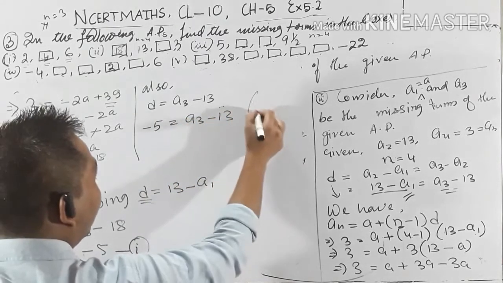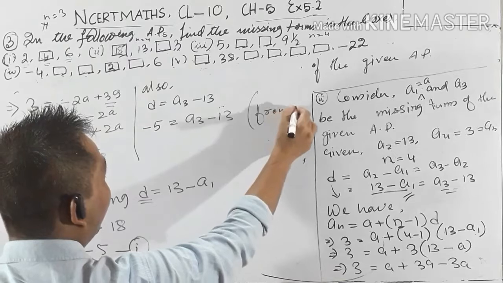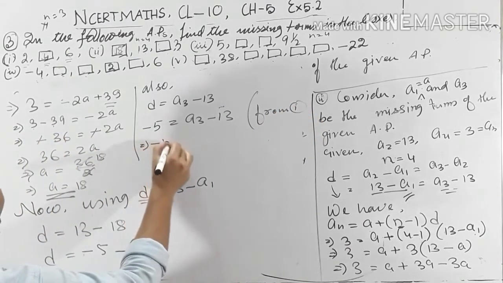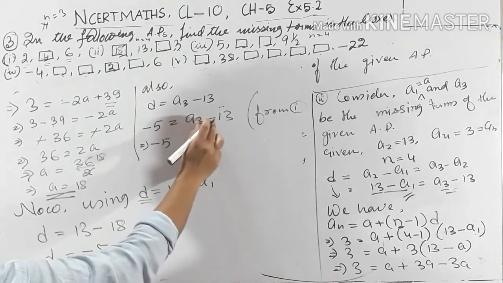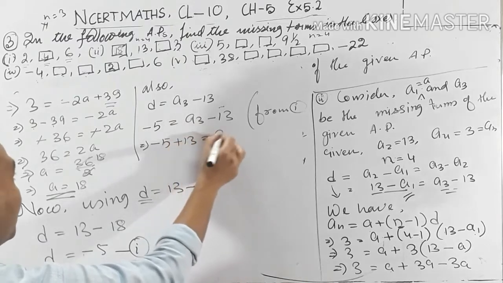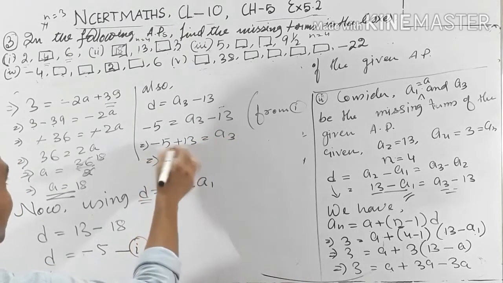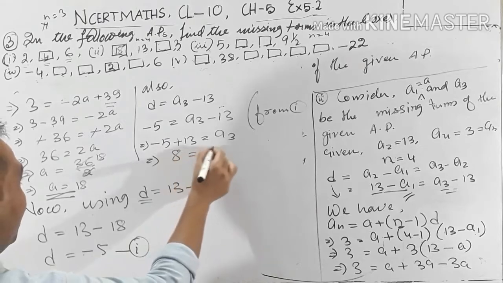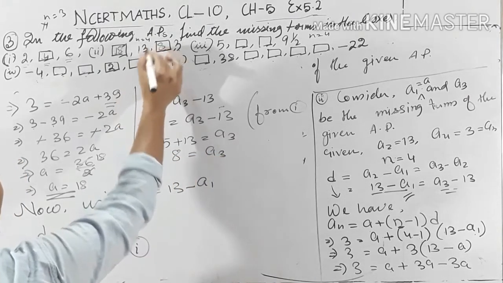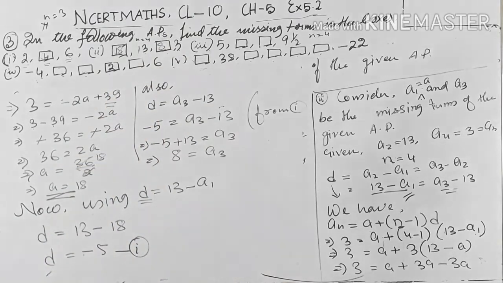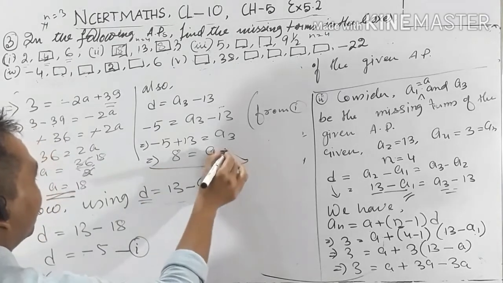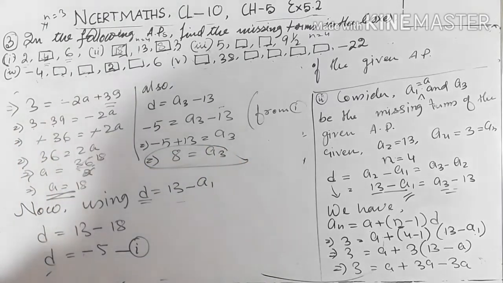From 1, on transposing, minus 13 becomes plus 13. Then we get the third missing term: 8 equals A3. So the third missing term is 8. We have got the answer. Okay, fine.